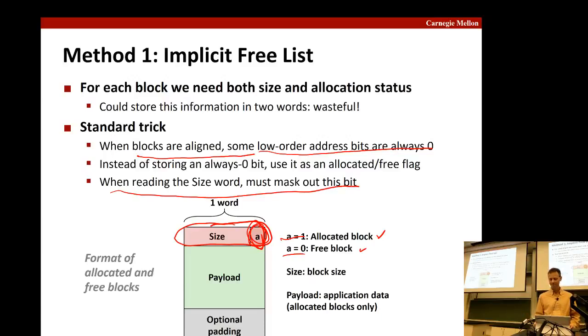Why are the lower address bits always 0? Because things are aligned, right? Okay, I see the confusion.